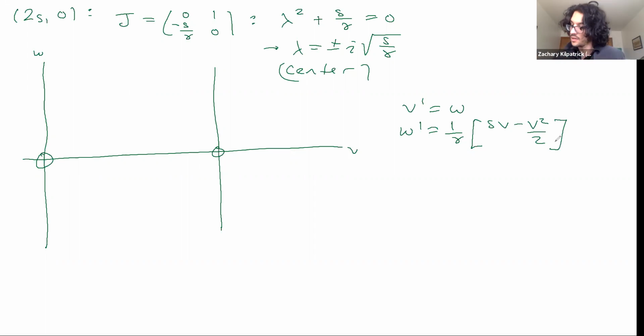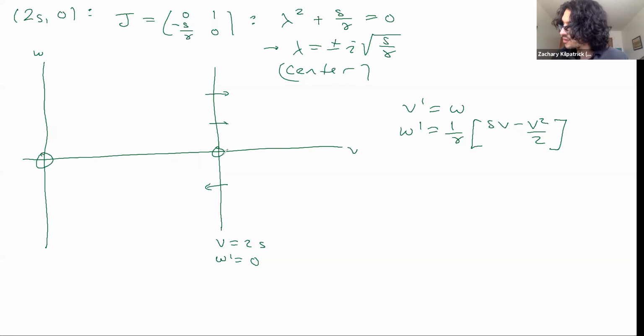Okay. So right here along V equals 2S, right? This is one of our W prime equals 0. Okay. So if W prime equals 0 there, if I want to look at how V is changing, V prime should be positive up here. So trajectory should go this way. V prime is going to be negative down here.